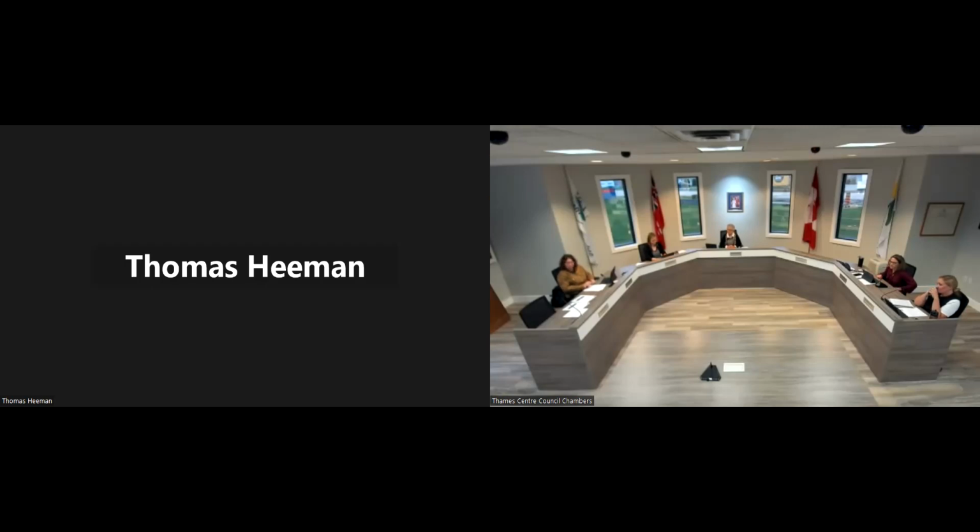Through you, your worship, I'm not sure, Councillor Lockie, if you've got the staff report in front of you. Yes. Okay, could I get you to refer to the location map that's included? I'm on section 2 in the background on the last paragraph.